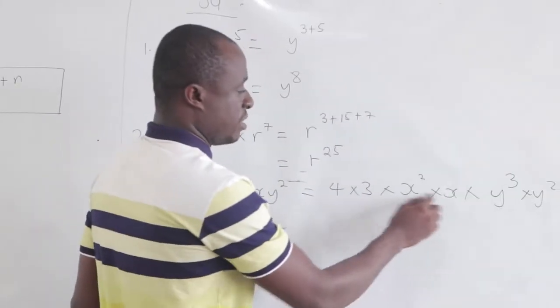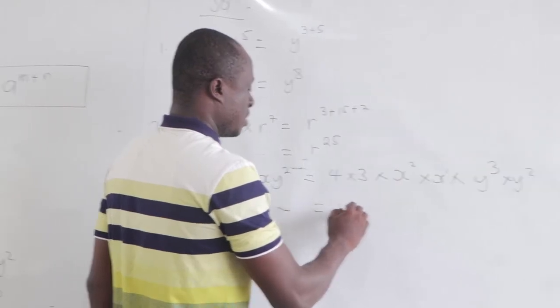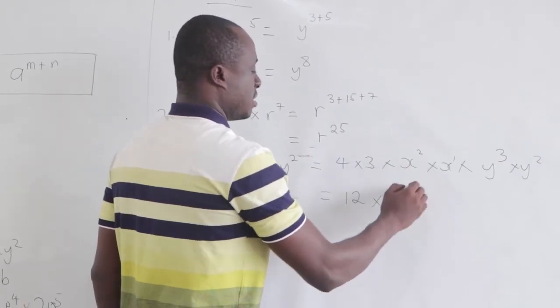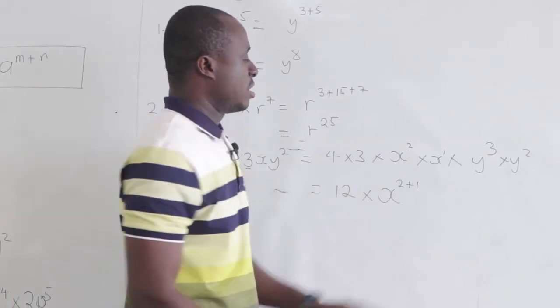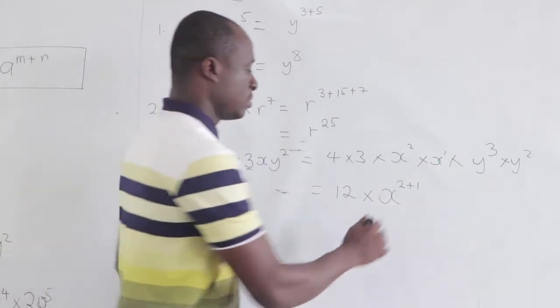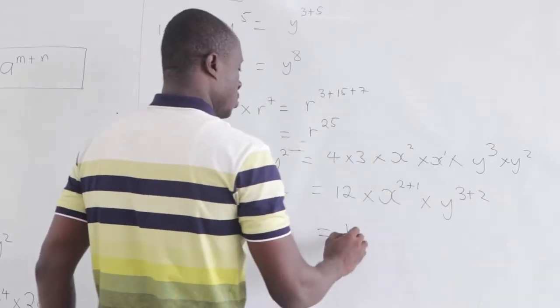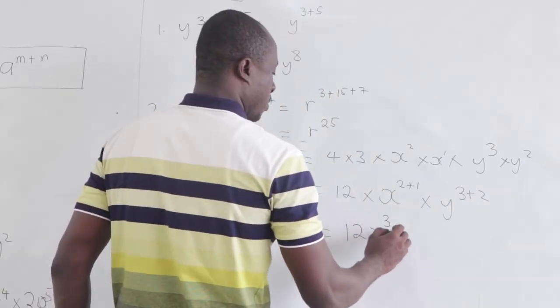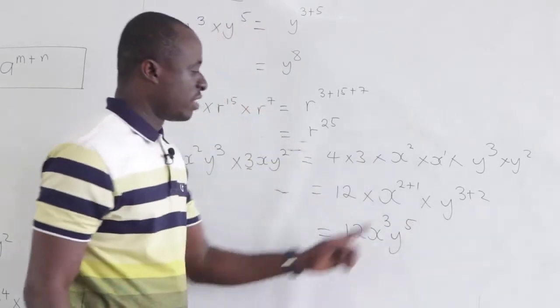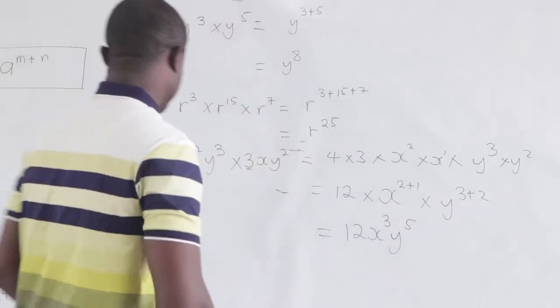The bases are the same, so x is just to the power 1. So 4 times 3 is 12. Times x, this will be 2 plus 1, because x without any power has power 1. Times y, we have 3 plus 2. So that will be 12x to the power 3, y to the power 5. 2 plus 1 is 3, 3 plus 2 is 5.